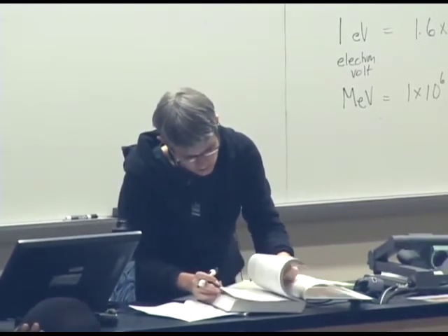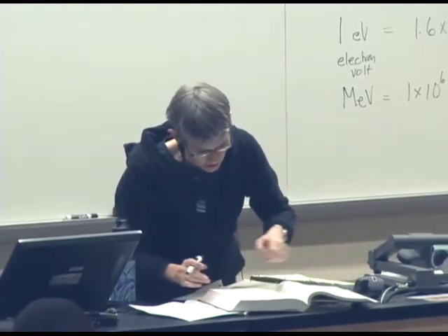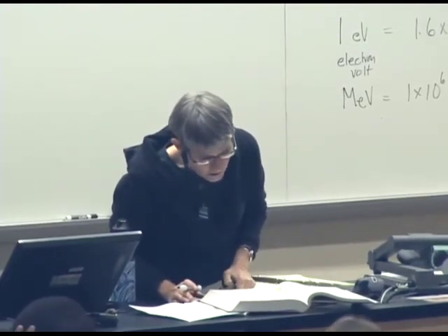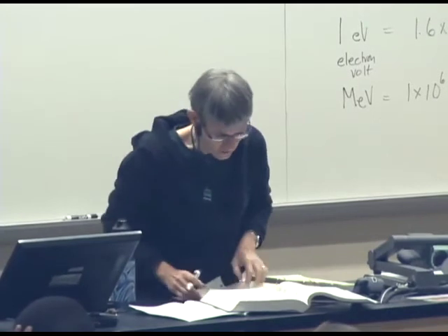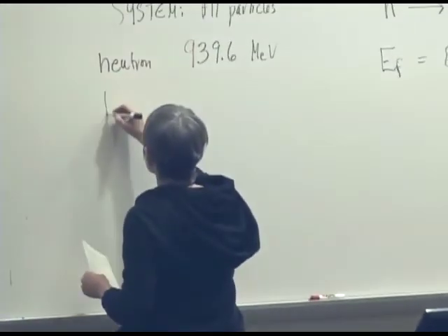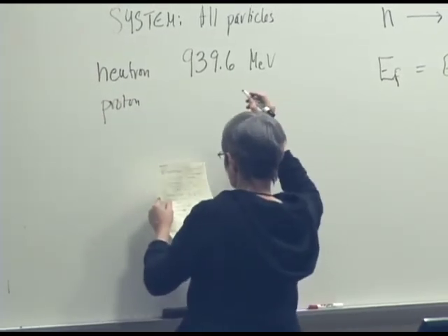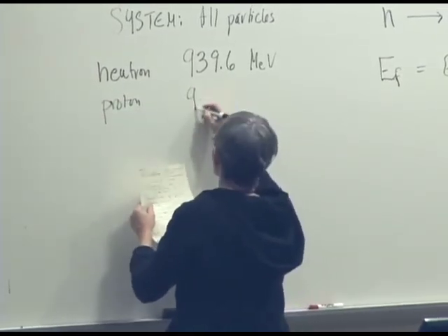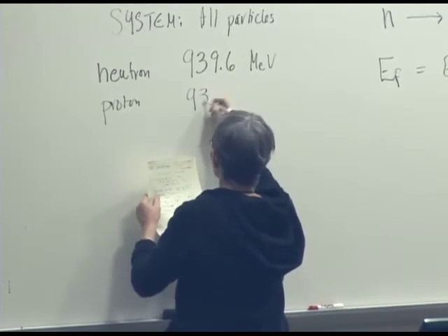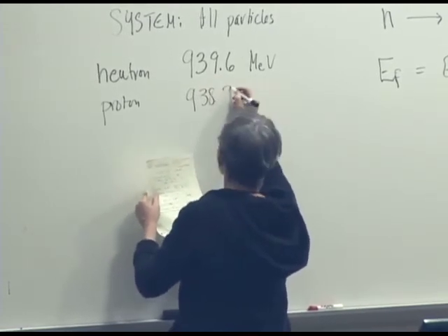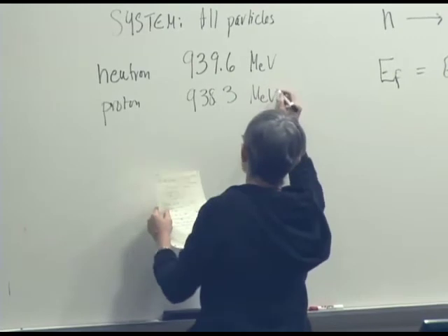So let me make sure I've actually got this right. Yeah, that's right. And so the rest energy of a proton isn't a whole lot less, but it's a little bit less. It's 938.3 million electron volts.